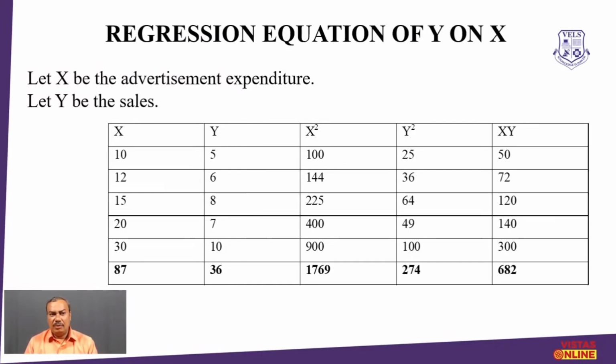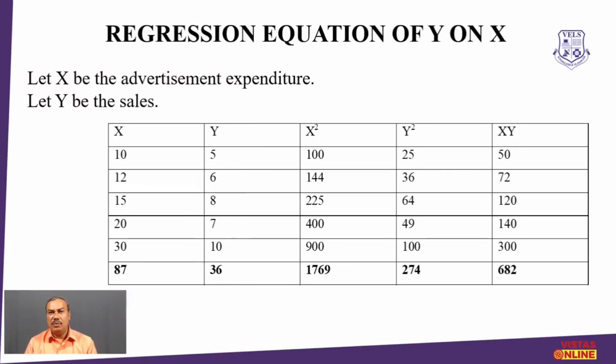For this calculation of statistical constants, we need to construct a table with 5 columns. What are they? The first column is x, second column y, third column x square, fourth column y square and the last column xy. x and y are the given pairs of observations, we simply substitute in the x and y columns. Then the third column is x square, we square all the x values.